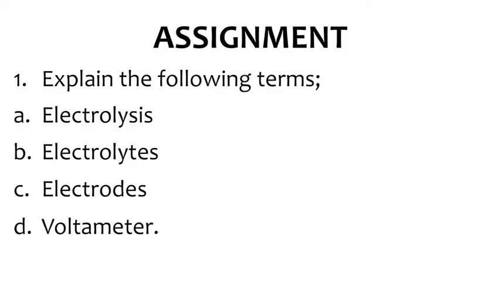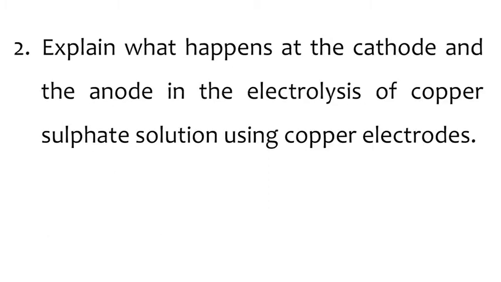A, electrolysis. B, electrolytes. C, electrodes. D, voltameter. Number two: explain what happens at the cathode and the anode in the electrolysis of copper sulfate solution using copper electrodes.